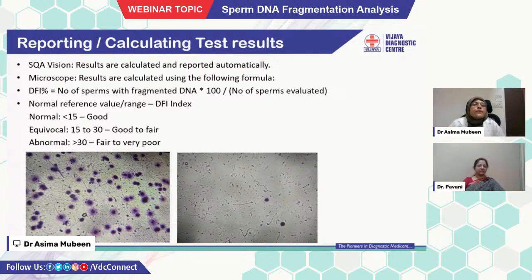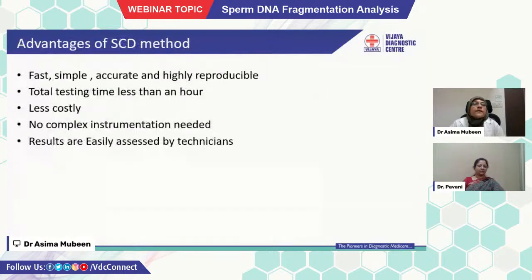The normal reference value is fragmented DNA less than 15%, 15 to 30% good to fair, and then the abnormal ones are the ones with more than 30% fragmented DNA.